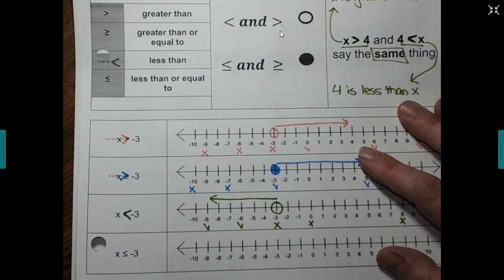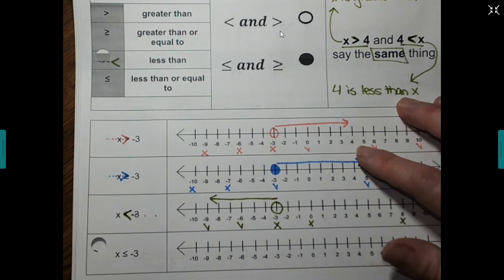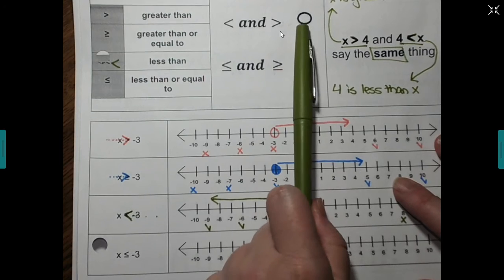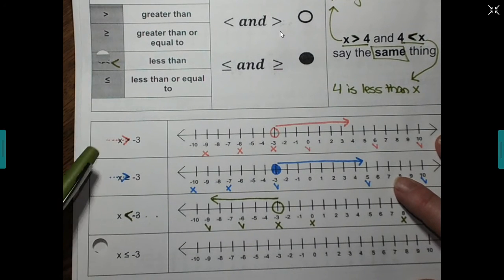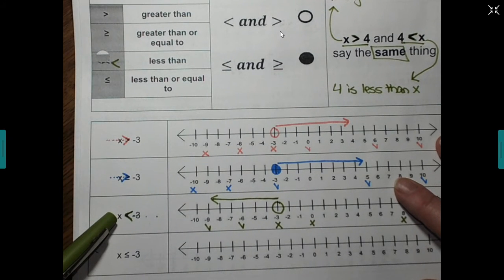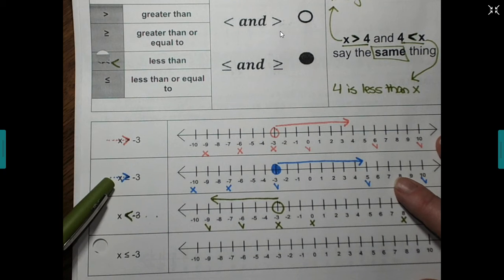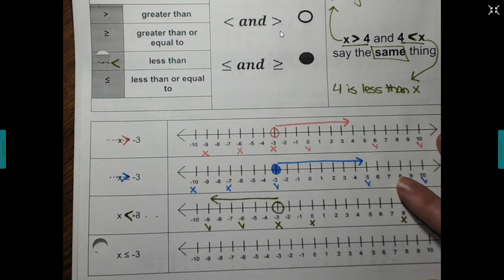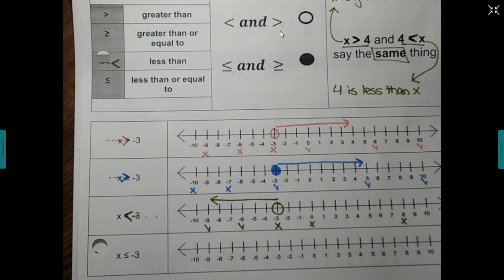It is not a solution. It does not make this true. Okay? So if we've got the open circle, our critical number is not part of the solution. If we've got the closed circle, our critical number seems to be part of the solution. Let's think about the next one and see what we come up with.